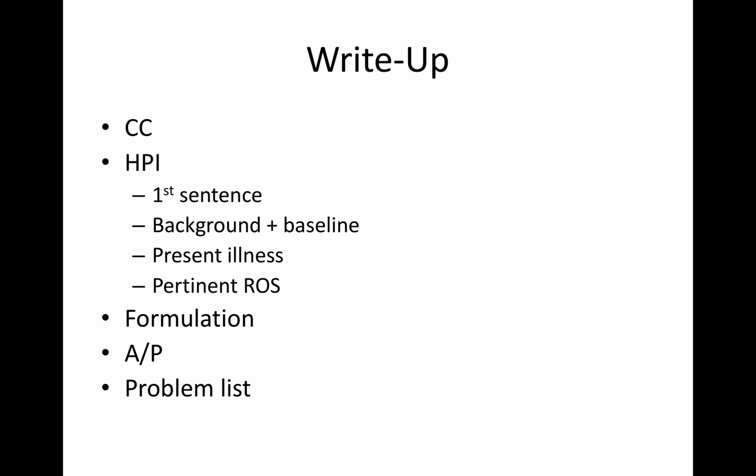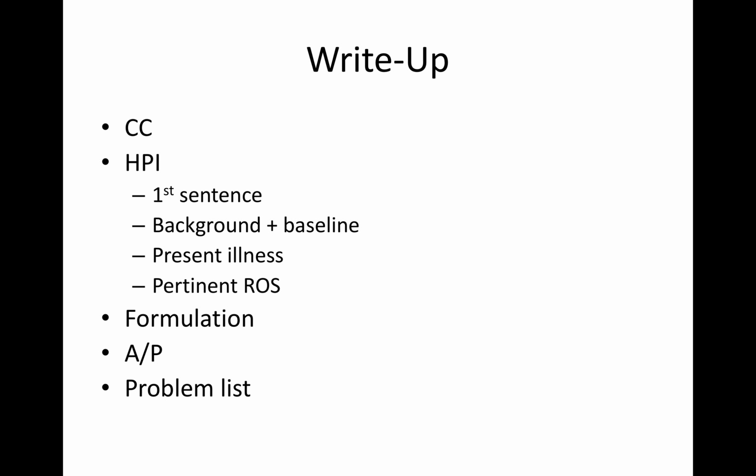We also want you to know that right after the first sentence, you have to tell the rest of the story in a chronological order. First comes the background, which means what are the background illnesses that are pertinent to this admission?